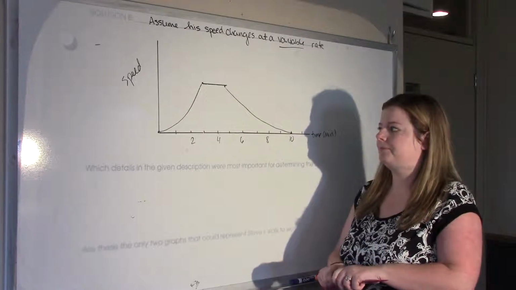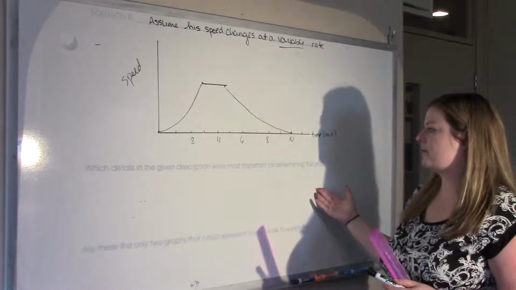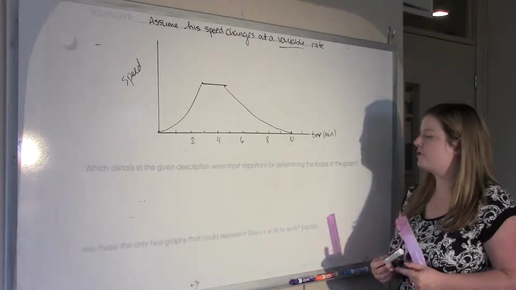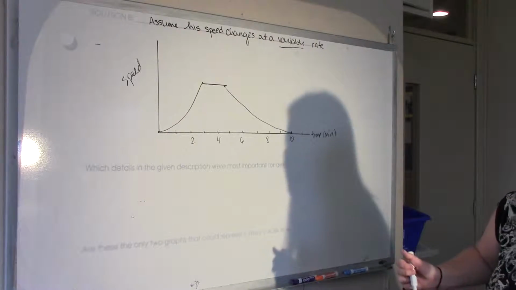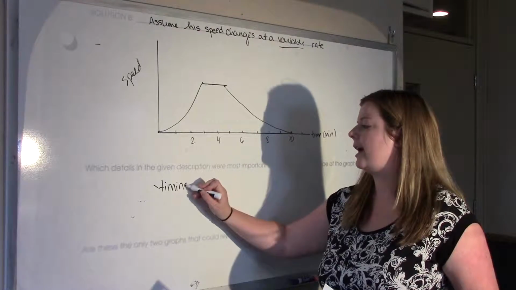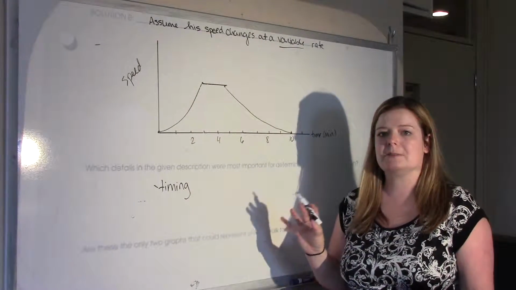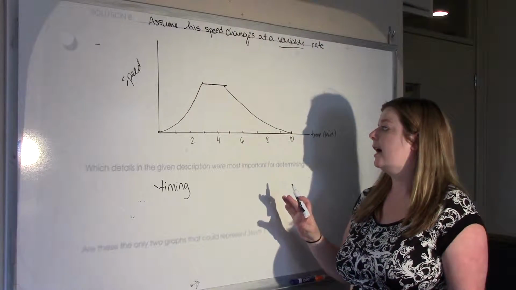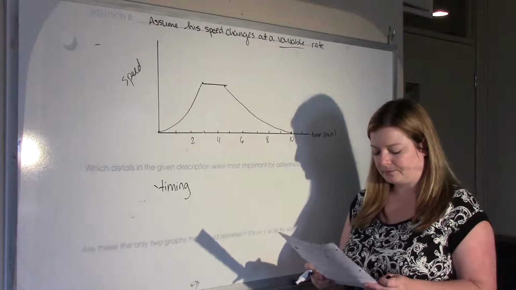Something like that, okay? So, which details of the given description were most important for determining the shape of the graph? Well, number 1 is the timing. Although we are not ever given any specific speeds, we were given specific times, and that's crucial to be able to draw at least somewhat of an accurate sketch.